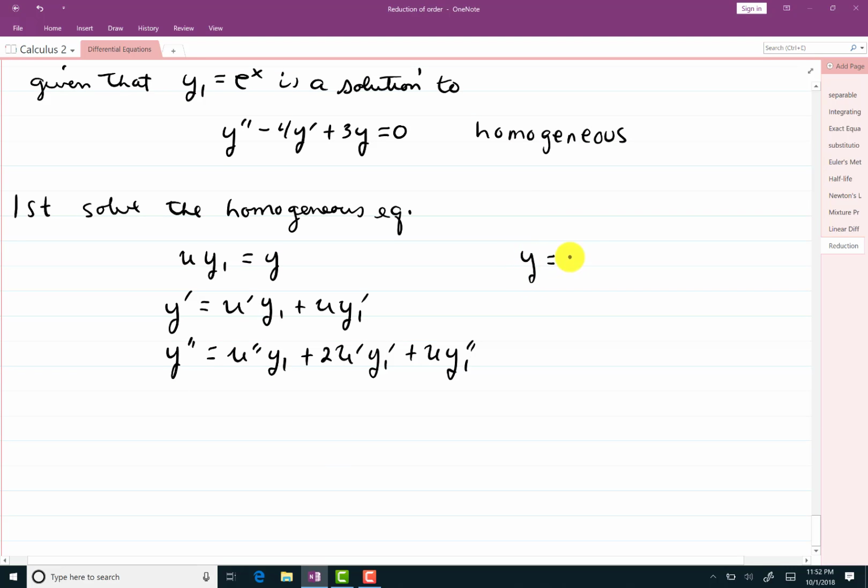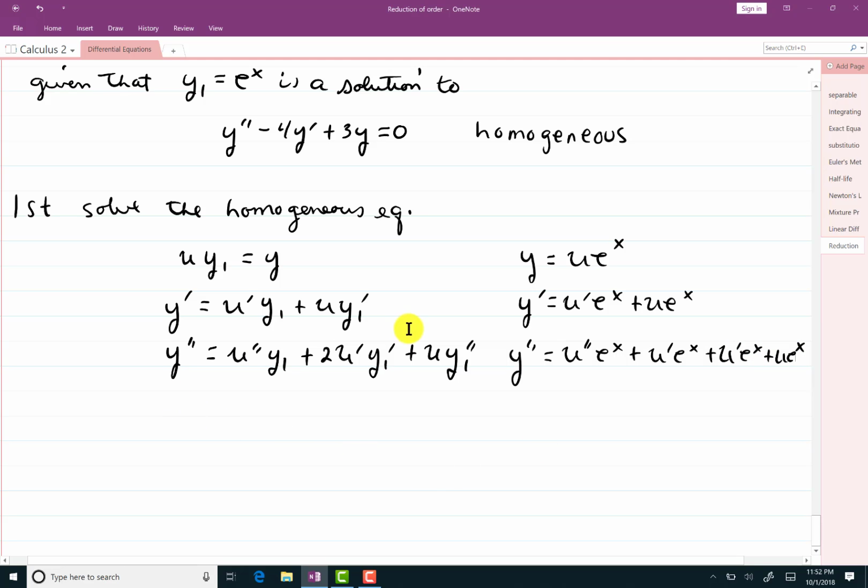Y equals u e to the x. Y prime will equal u prime e to the x plus u e to the x. And then y double prime will equal u double prime e to the x plus u prime e to the x plus u prime e to the x plus u e to the x.